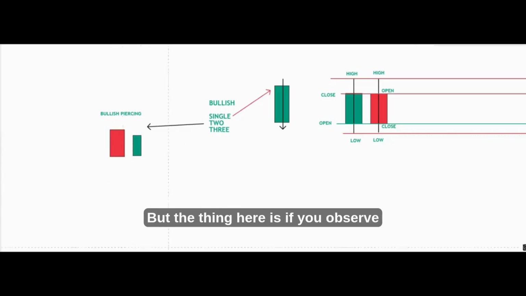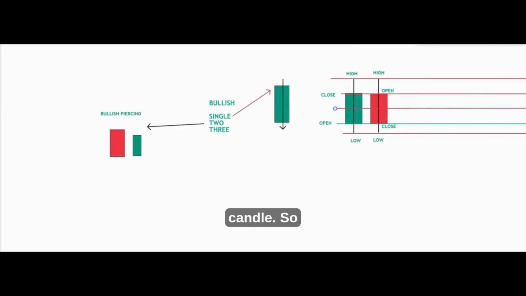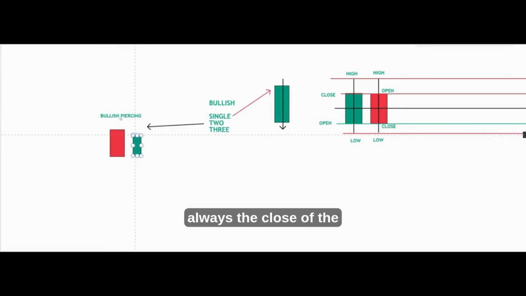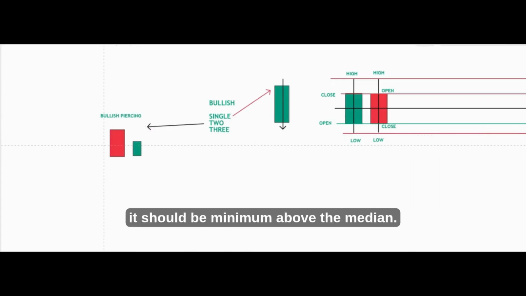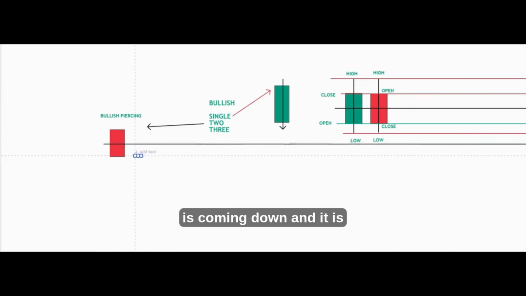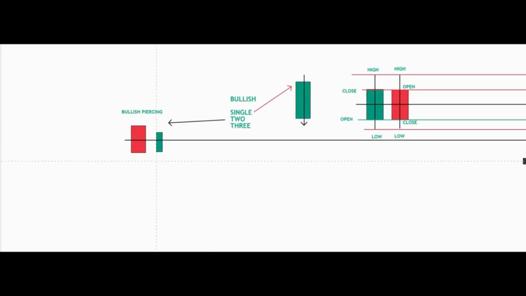If you observe this candlestick pattern, the middle part is called the median of the candle. In a bullish piercing, the close of the green candle should always be at minimum above the median. It is coming down and piercing, and that's the reason they call it a bullish piercing.